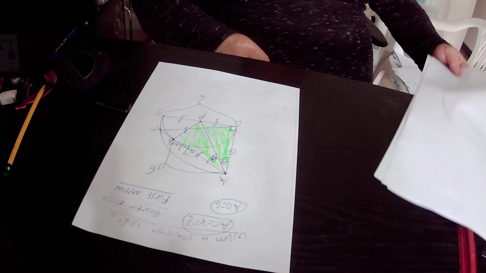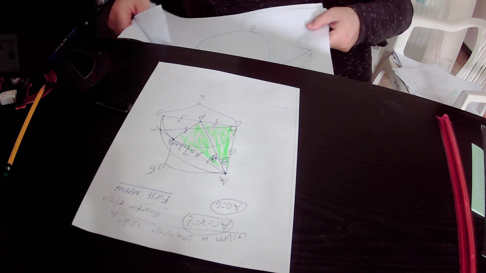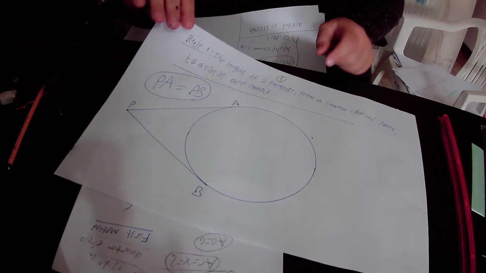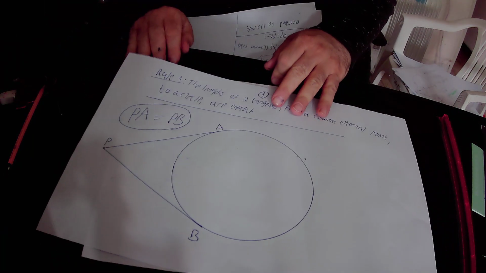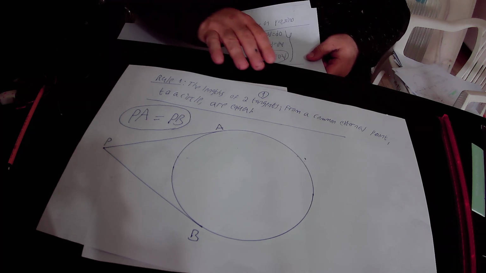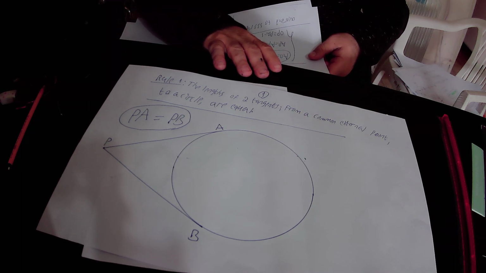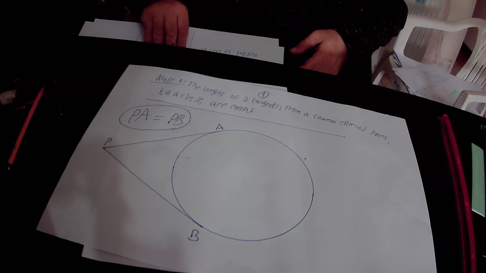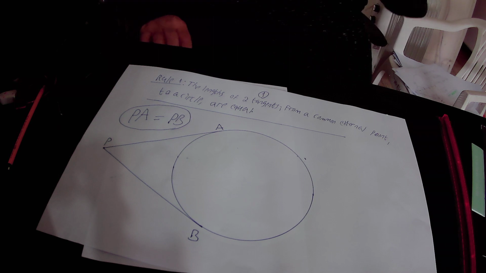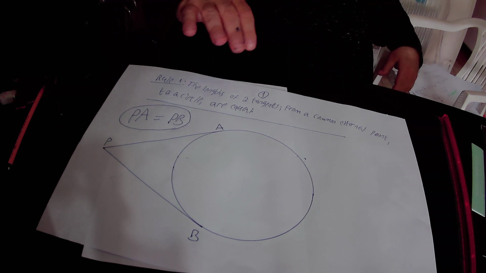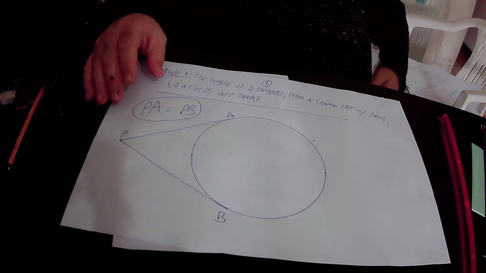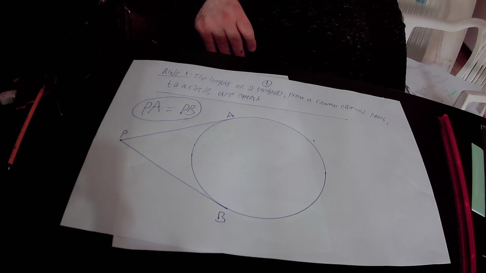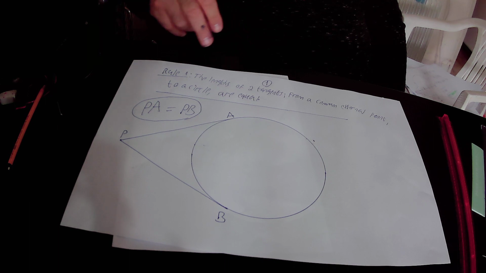Then I presented to you rule number 1. According to rule number 1, the lengths of two tangents from a common external point to a circle are equal. So here we have this circle, and we have point P that is an external point in relation to this circle. So we draw two tangents to this circle.